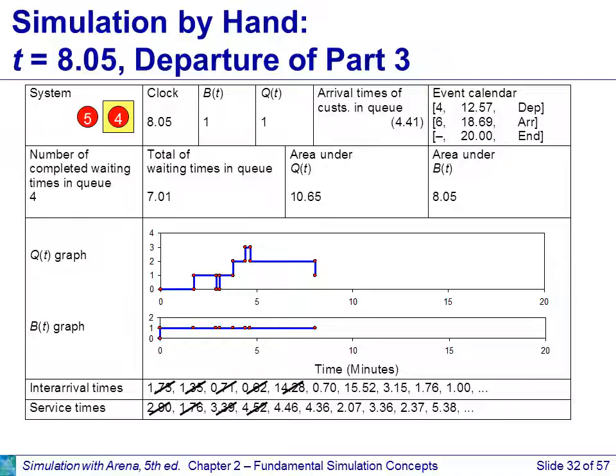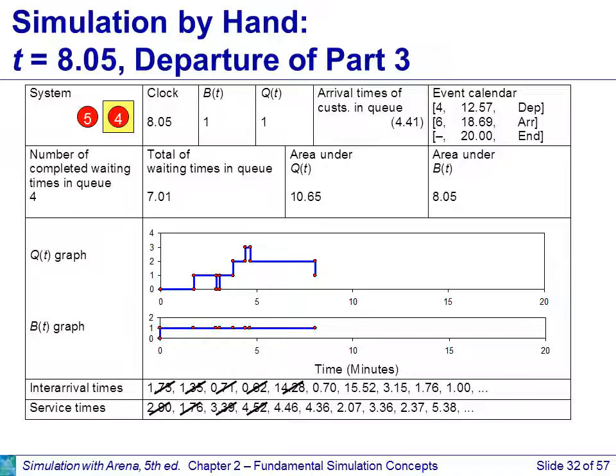We see part 4 seizes the machine, and there's only 1 part waiting, so there are number changes. You notice that the number of complete waiting times is incremented to 4, and we added the waiting time spent by part 4 here, and then we also increase the area under the curve by this amount, which is basically 2 multiplied by 14.28.